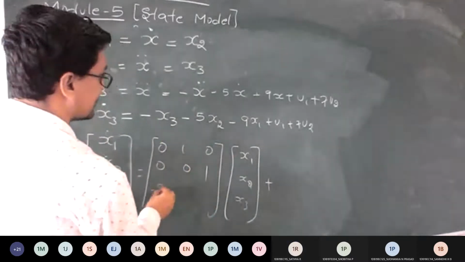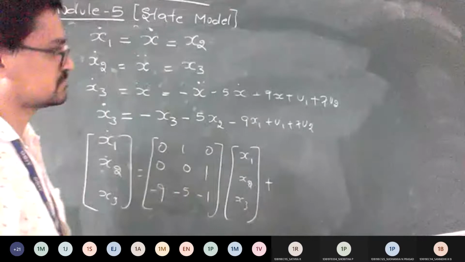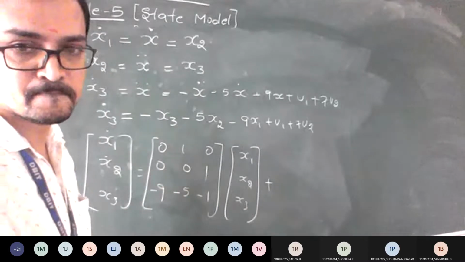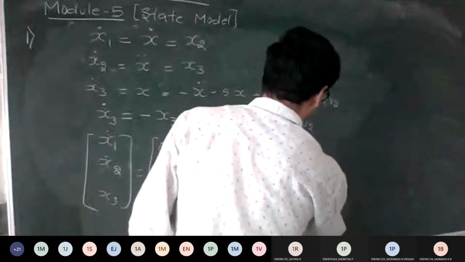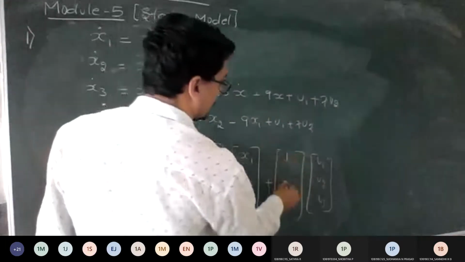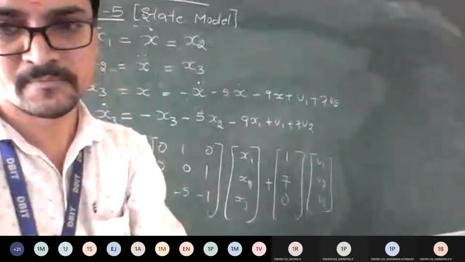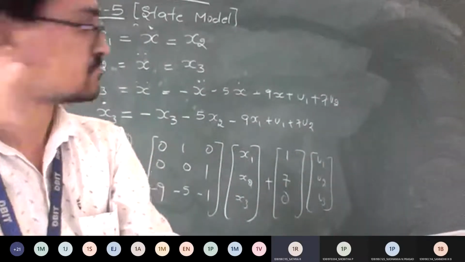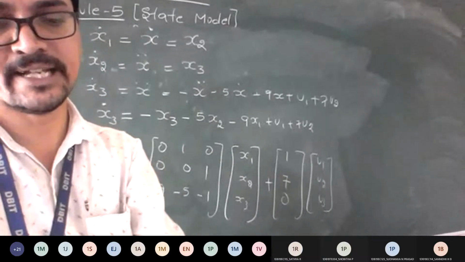Next is minus 9, minus 5, minus 1. Correct now? Yes, sir. So now the coefficients of u1, u2, u3. u1 is there, u2 is there, u3 is not there. Am I correct, everyone? So this is the conclusion for your state equations.